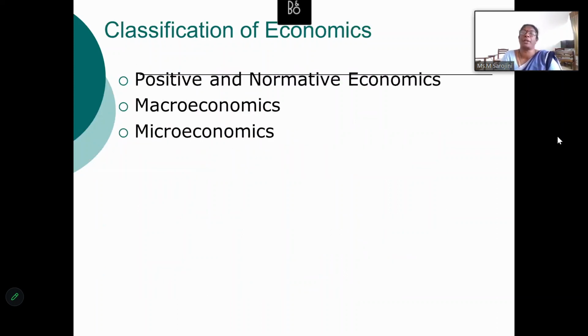Right. The classification of economics. There are three classifications: positive and normative economics, macroeconomics, as well as microeconomics. Microeconomics, you learned very deeply last year. Macroeconomics, we are going to learn. Positive as well as normative economics you learn in your A level.